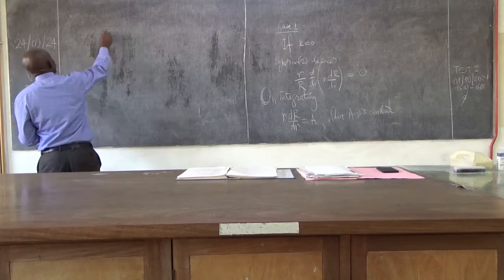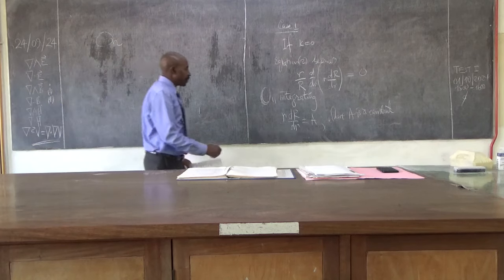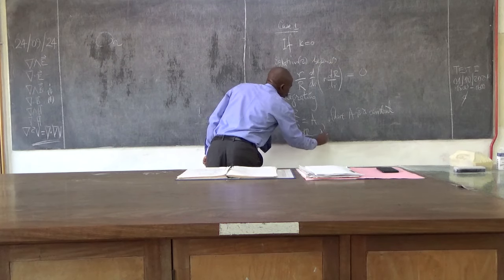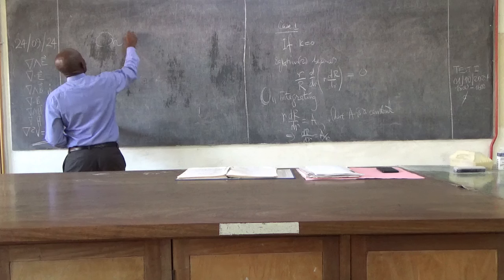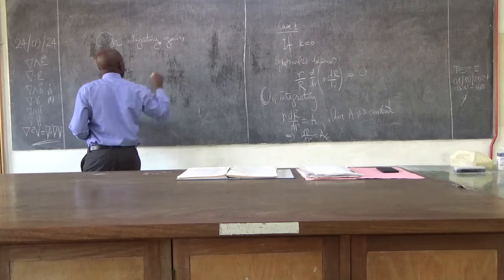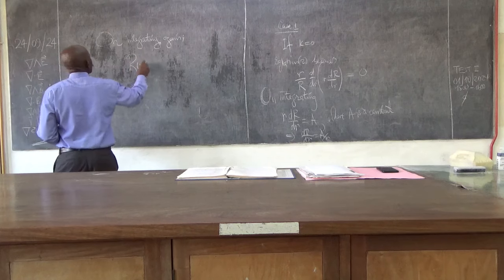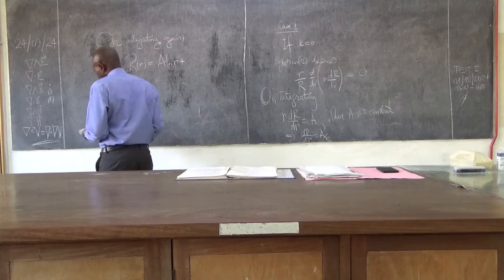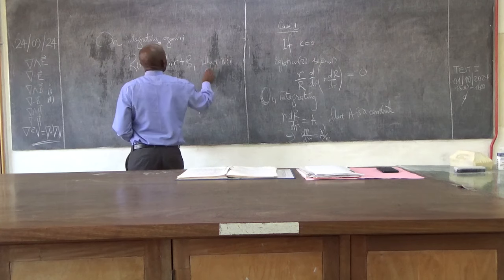So on integrating again, the solution R would equal a natural log of r plus some constant b, where b is a constant.